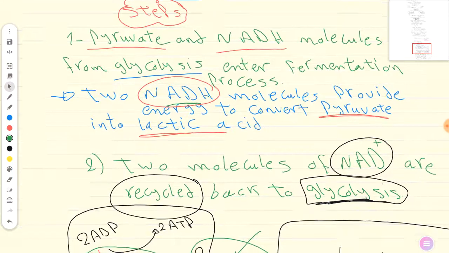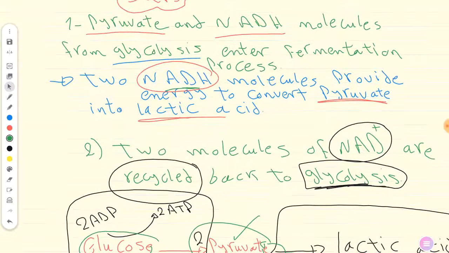The 2 molecules of NADH provide energy. This energy is used to convert pyruvate into lactic acid.